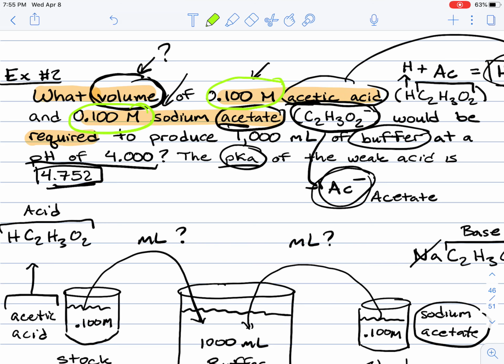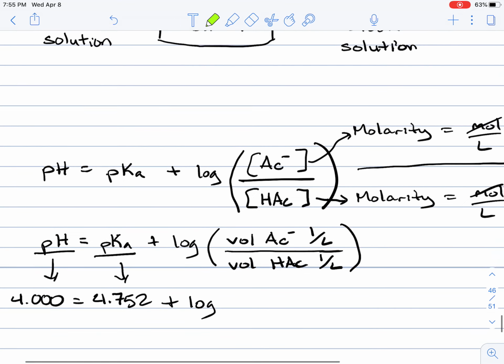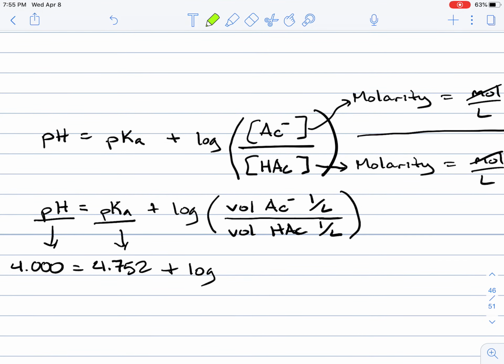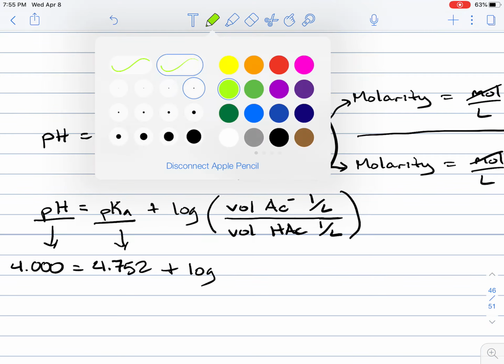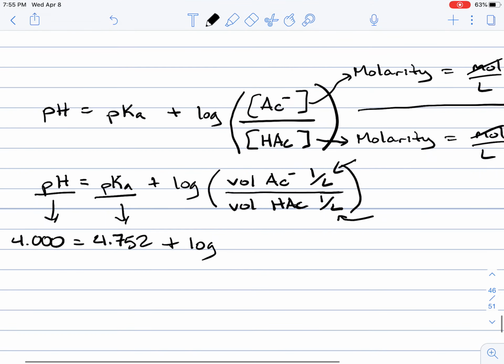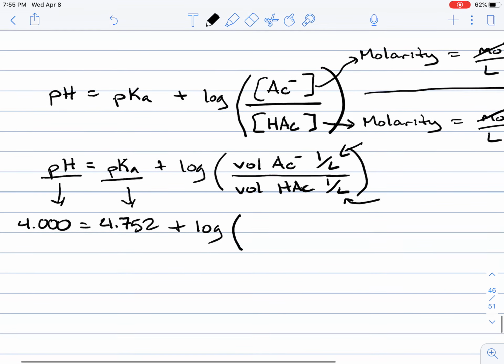Since they're in concentration units, we're not going to actually plug them into my Henderson-Hasselbalch equation just yet. The reason why is because how I've set up my Henderson-Hasselbalch equation is expressing specifically volume or per volume. And so I'm going to go ahead and leave the parentheses as is.